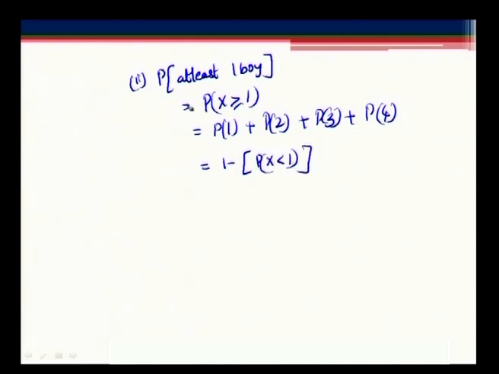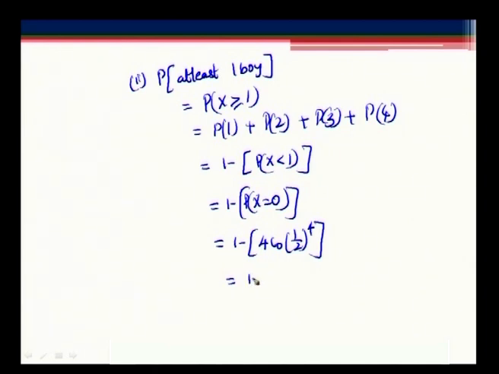It is a complementary, right. P of x greater or equal to 1 is equal to 1 minus P of x less than 1, and there is only one value of x less than 1, that is 0. So 1 minus 4C0 into 1 by 2 whole power 4. What is this answer? This is equal to 1 minus 1 by 16, which is equal to 15 by 16.